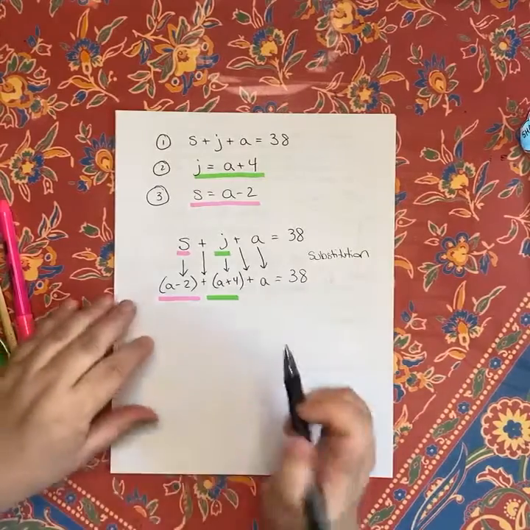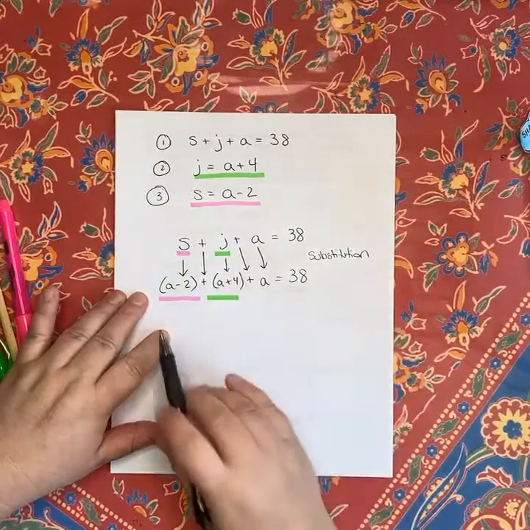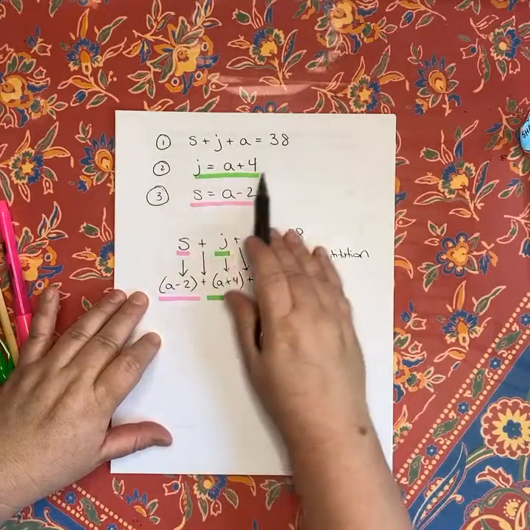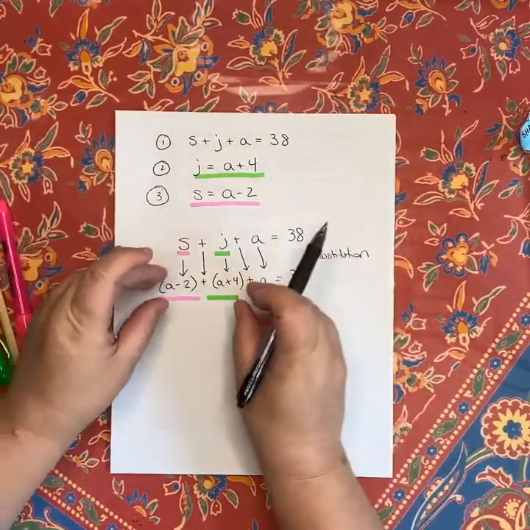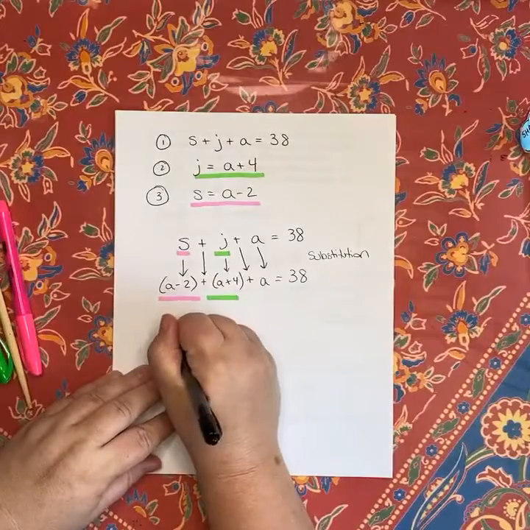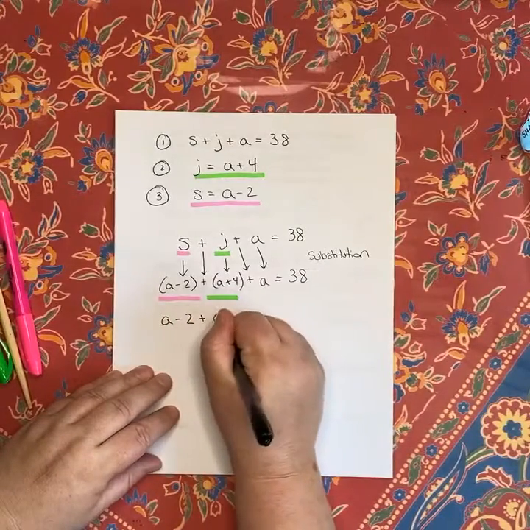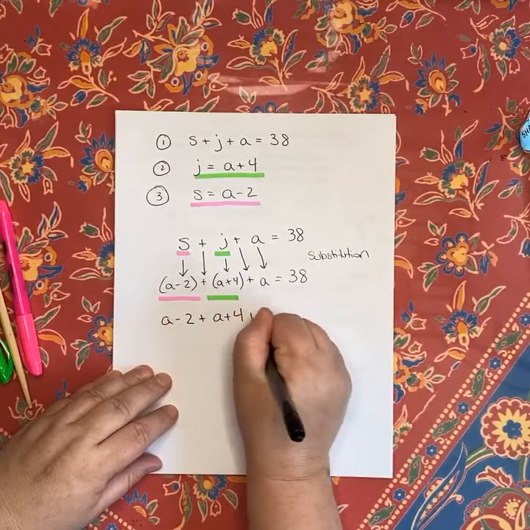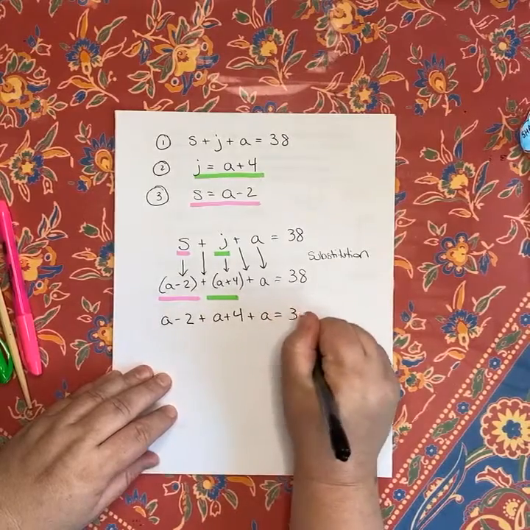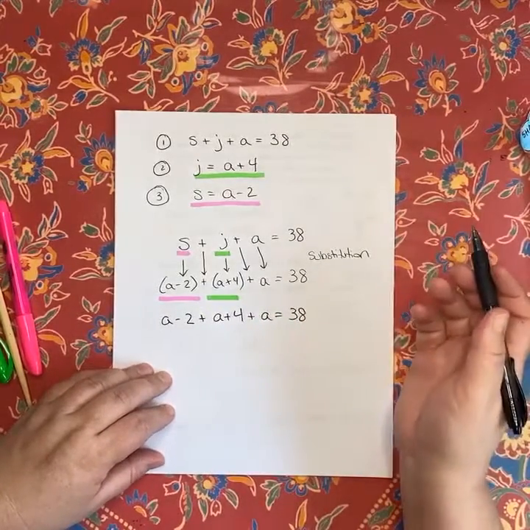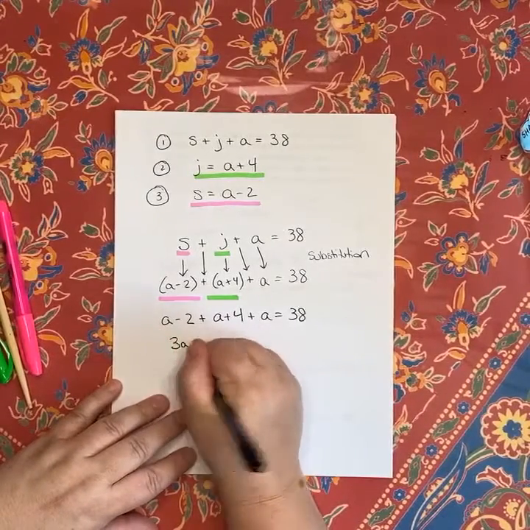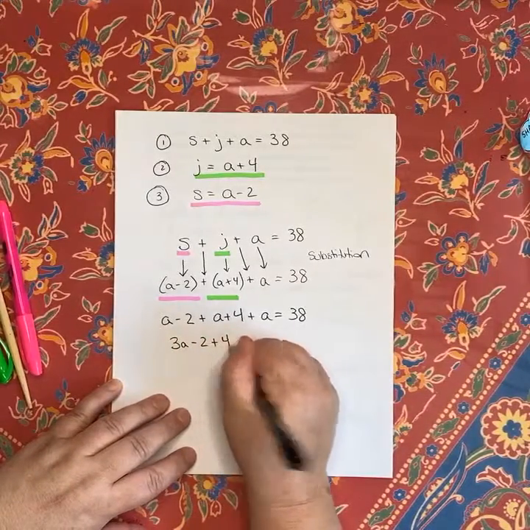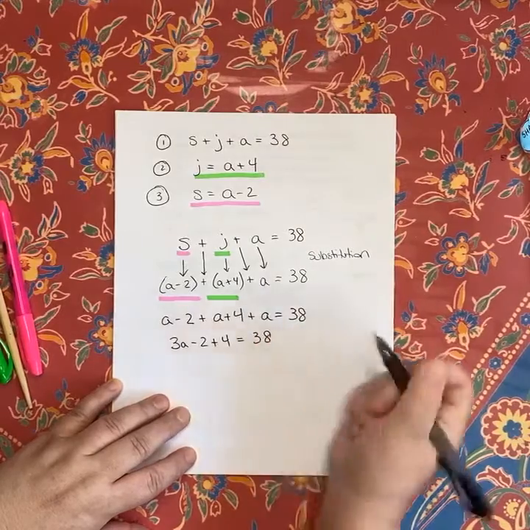Okay, so substitution allowed me to take this mess of things and basically I took all these equations and smashed them together. And I've got A minus 2 plus A plus 4 plus A equals 38. I could use the commutative property. There are 3 A's. Minus 2 plus 4 equals 38.